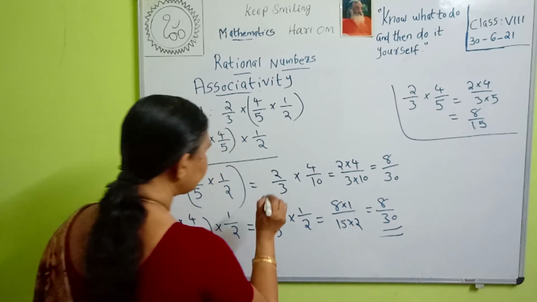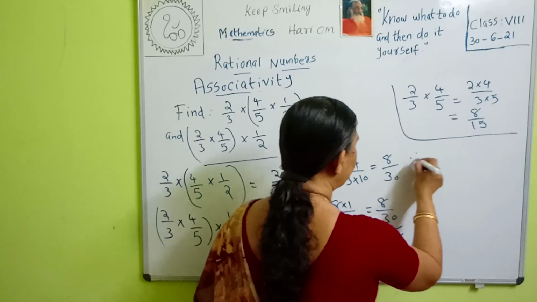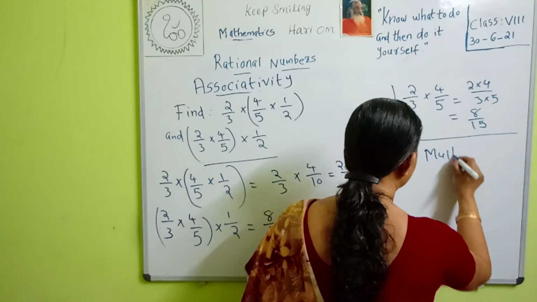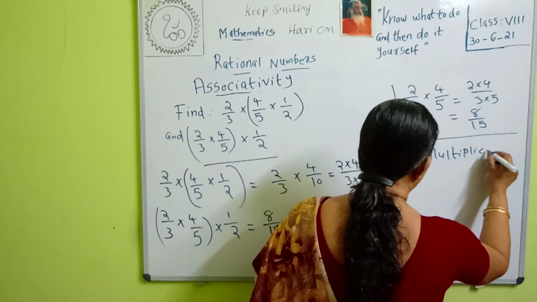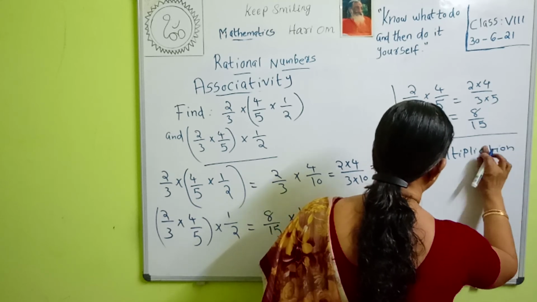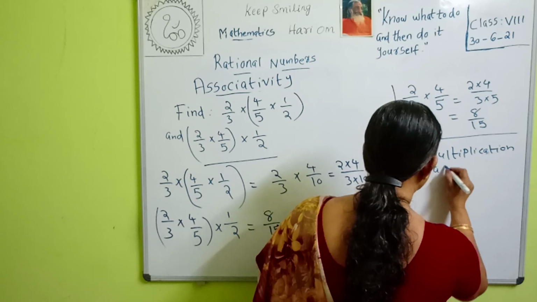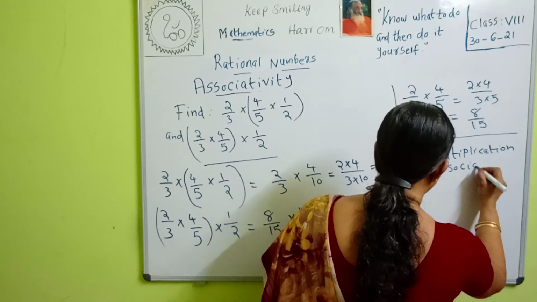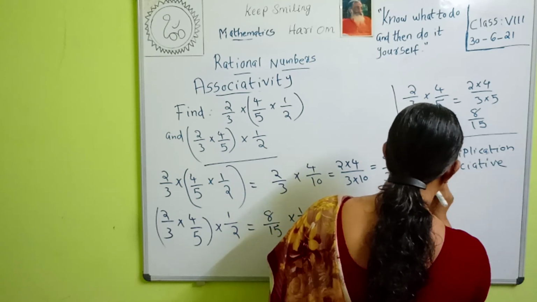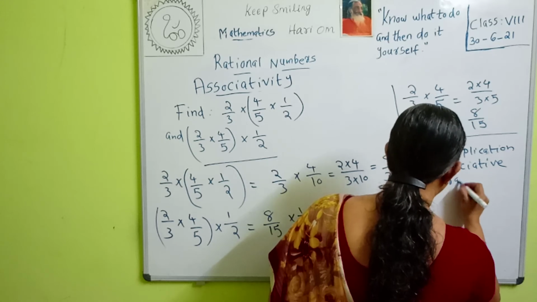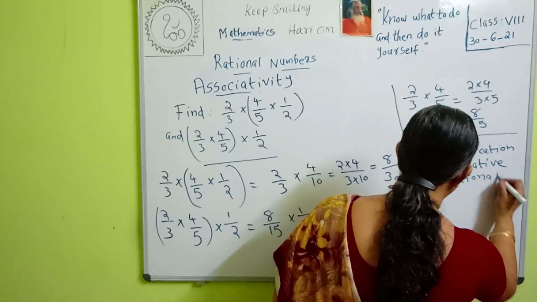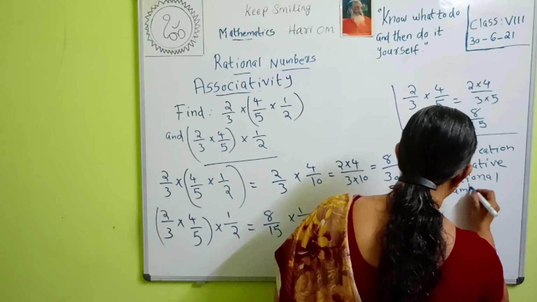Therefore, multiplication is associative for rational numbers. Multiplication is associative for rational numbers.